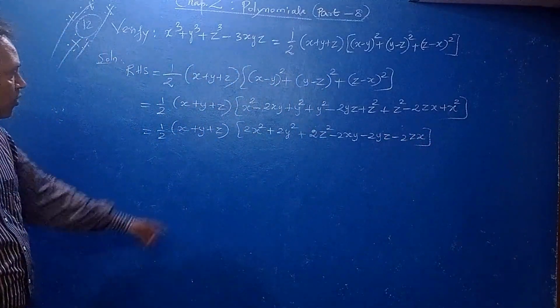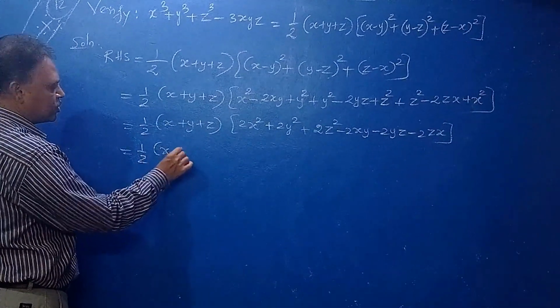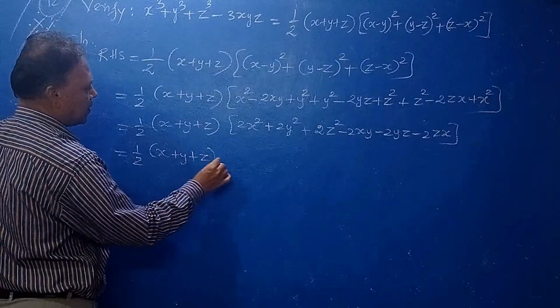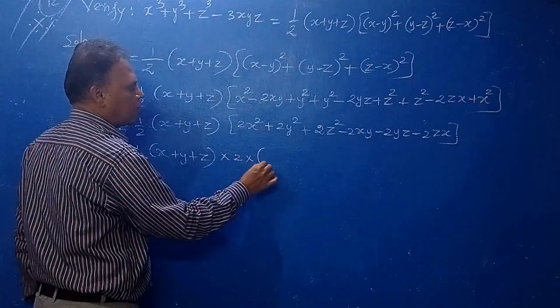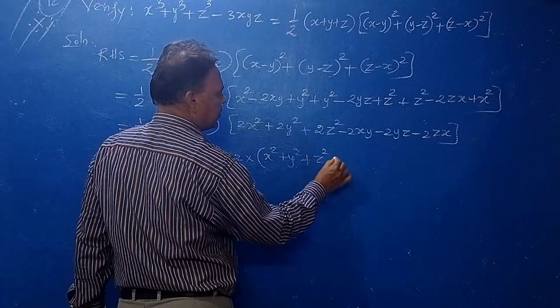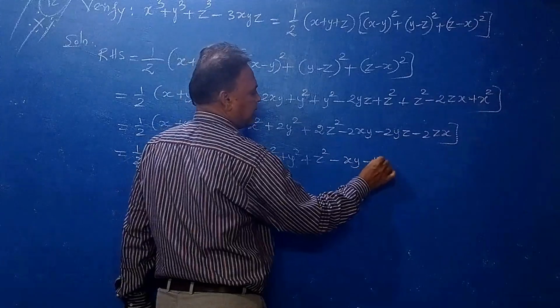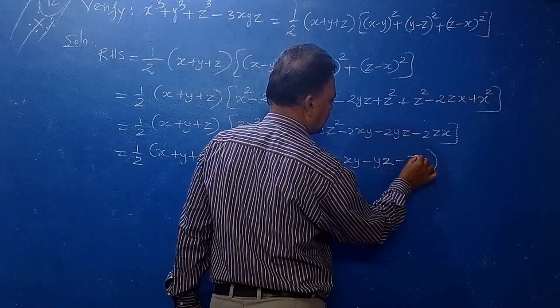Now 2 is common, so you take it out. Taking out, what do you get? x squared plus y squared plus z squared minus xy minus yz minus zx. Right?